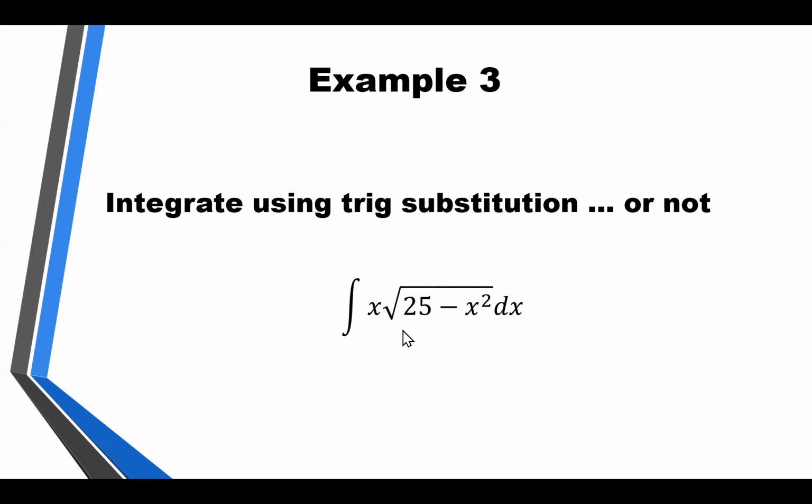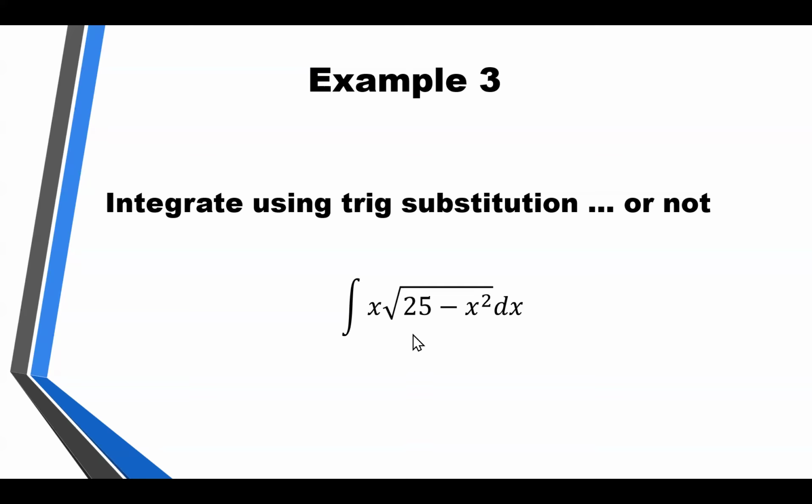this was something where our normal u substitution would have worked just fine. I could have let u be 25 minus x squared, and then the derivative would be negative 2x. Derivative of u with respect to x would be negative 2x. And I have an x, and so the differential exchange would have worked out in this one, just doing a u substitution.